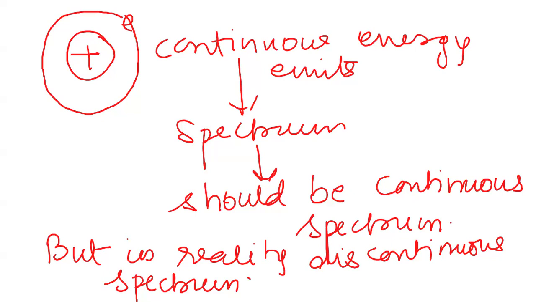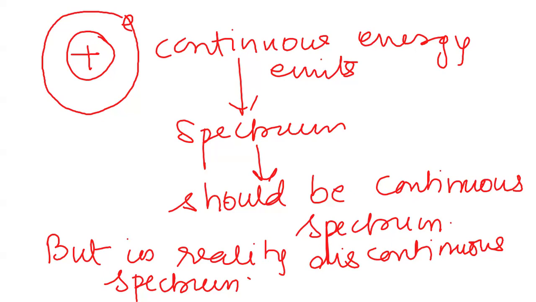The second one is that since a few of the alpha particles were deflected from their original path through moderate angles, the whole positive charge must be concentrated in a small space, which is very small in the atom.